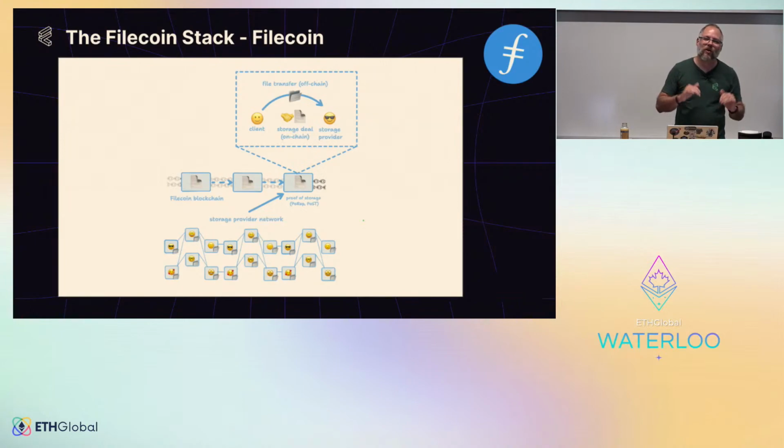So there's a financial incentive for the storage provider to keep the data online. This is the bit that gives you the decentralized equivalent of pinning on IPFS, right? So the Filecoin blockchain contains a whole series of proofs that the data is stored and information about the storage deals, which storage providers are storing the data and for how long.